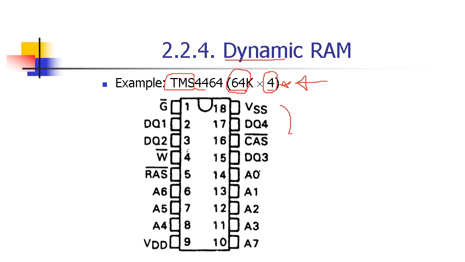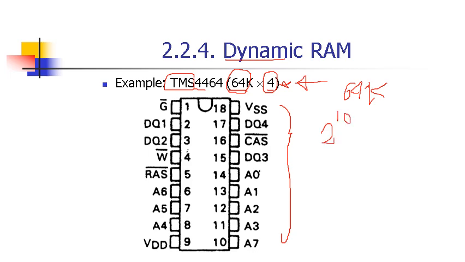All right, this is how this chip looks. Again, we have 64K memory locations. 64K means what?